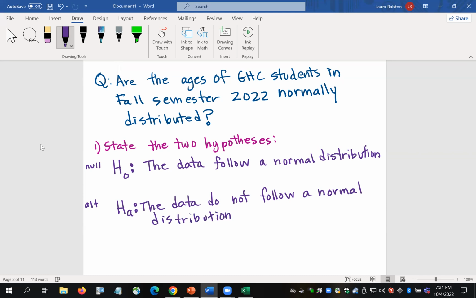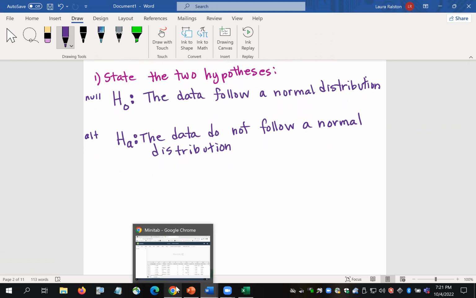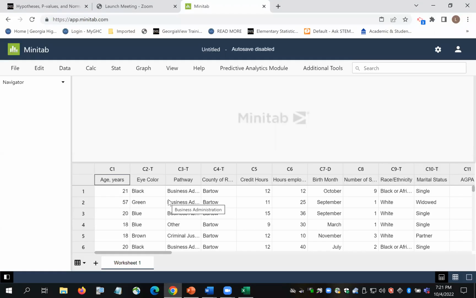Now, in terms of identifying the information, the information that you need is this raw data. You can't do a test for normality without the raw data.